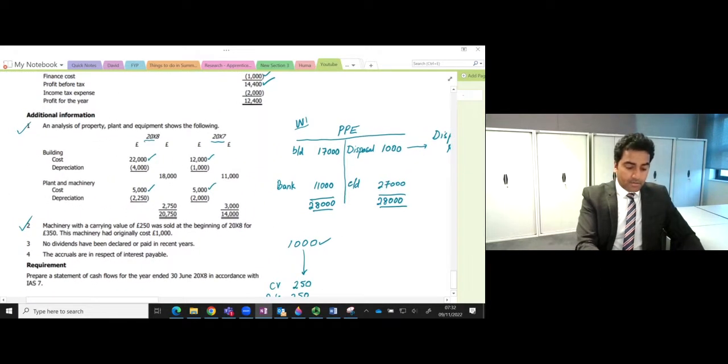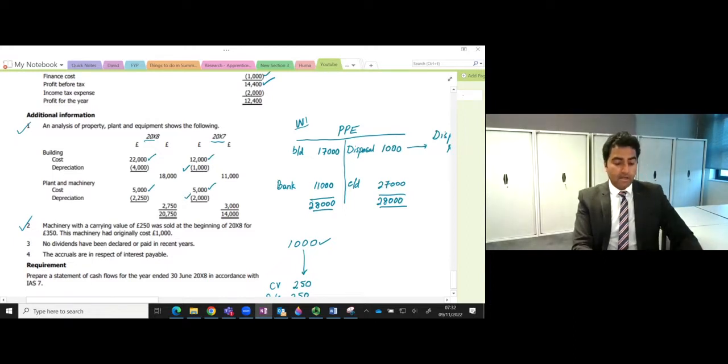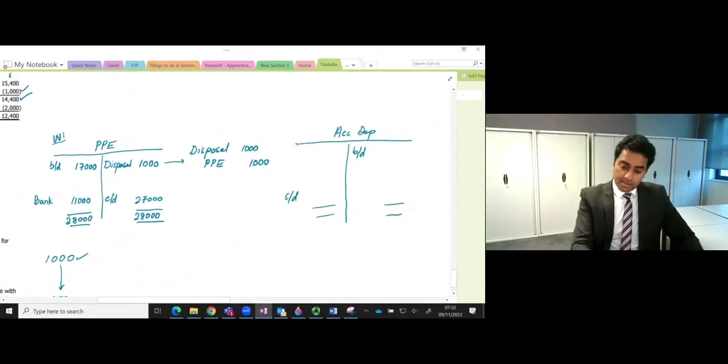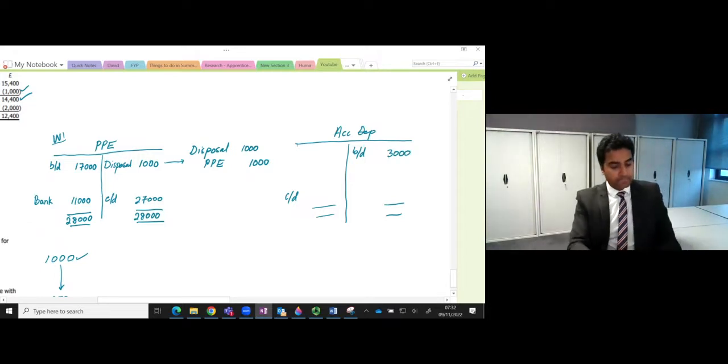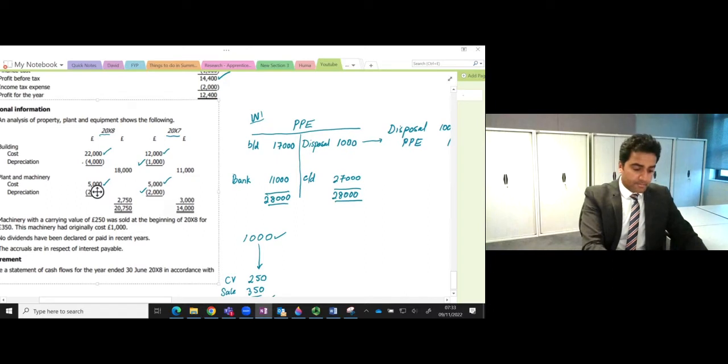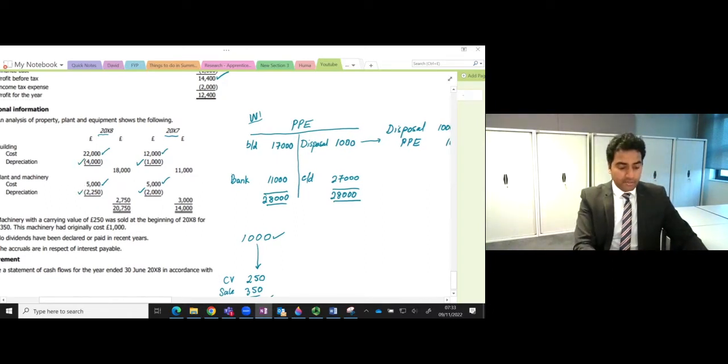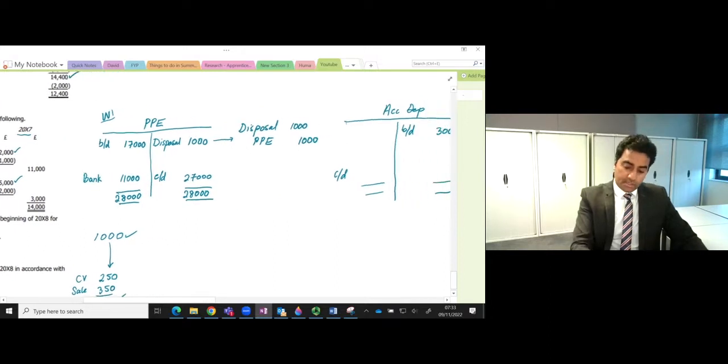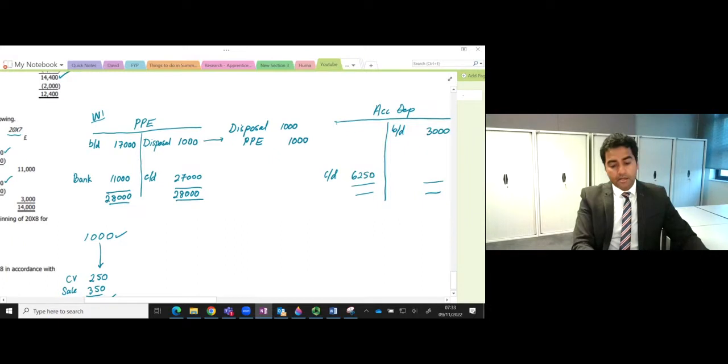This time I will be looking at the opening accumulated depreciation figures, which is 1,000 and 2,000, so 3,000 needs to be recorded. So I will record the £3,000 over here. And the closing balances are 4,000 and 2,250, which is 6,250.